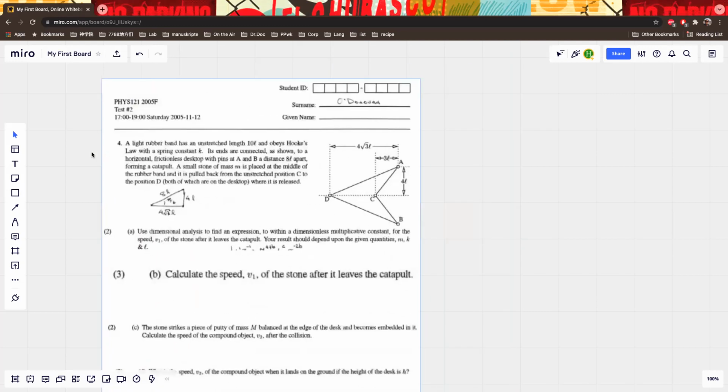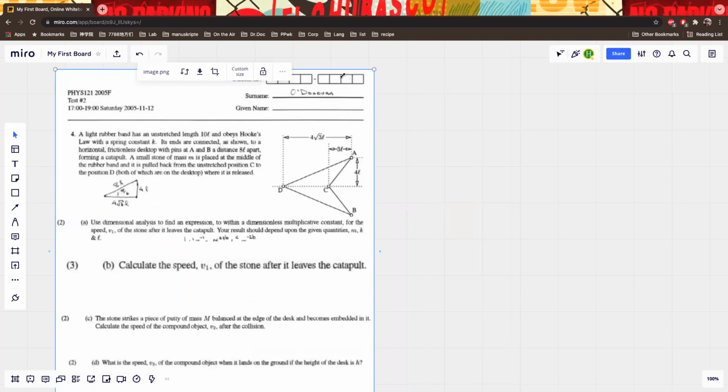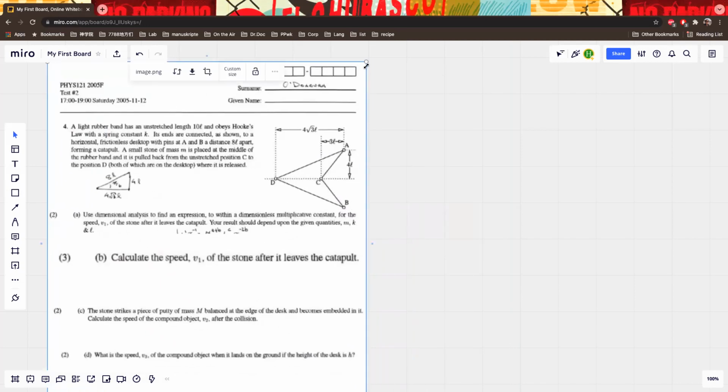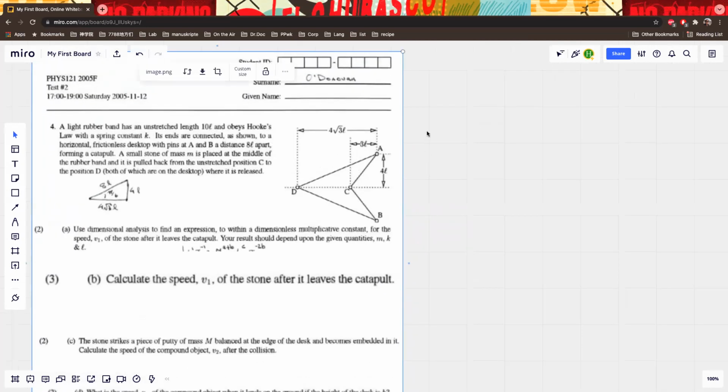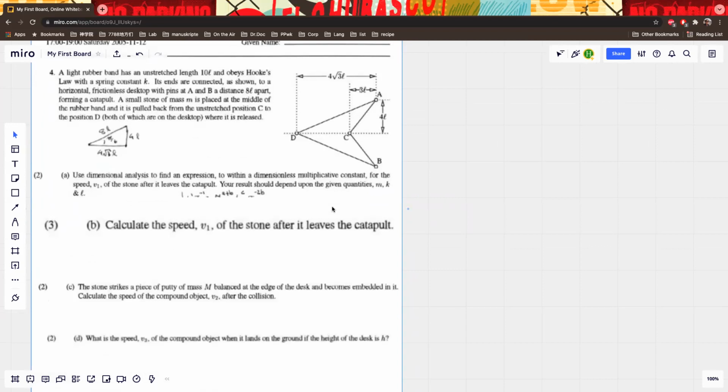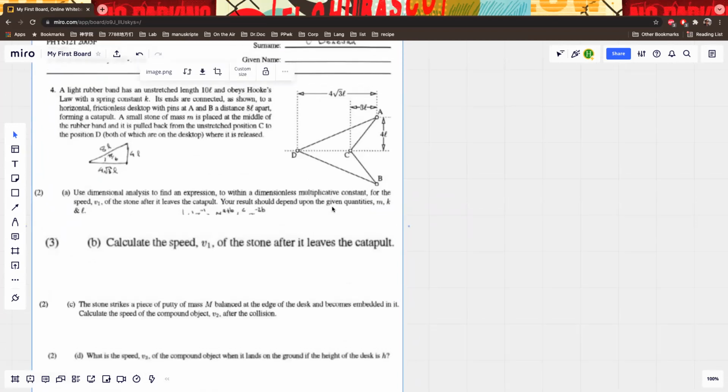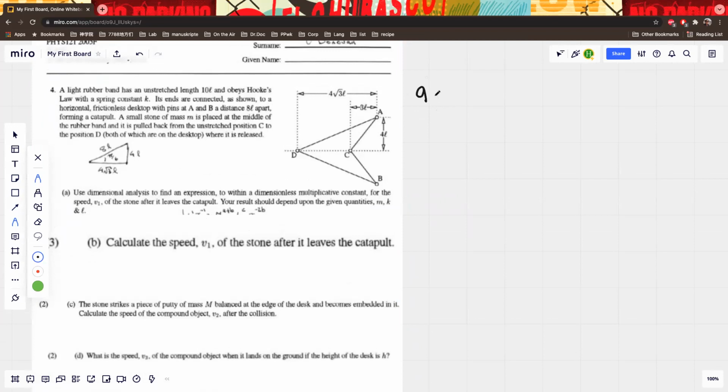Now you can see the questions too, right? Okay. So here's the question I was talking about. I drew out this elastic band thing when I was explaining this question. We left off yesterday. We did the dimensional analysis for this. For question A, it asked us to use dimensional analysis to get a formula for V1.